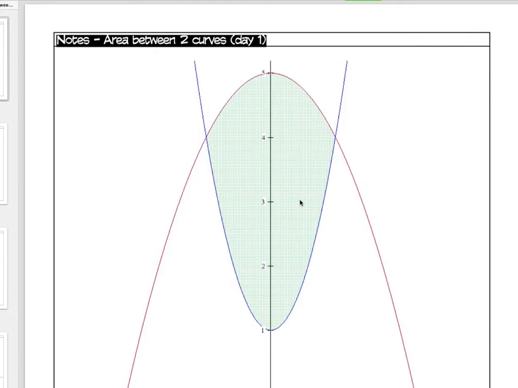So, in order to do that, what is it we need to identify? Any endpoints, because that gives me my limits.